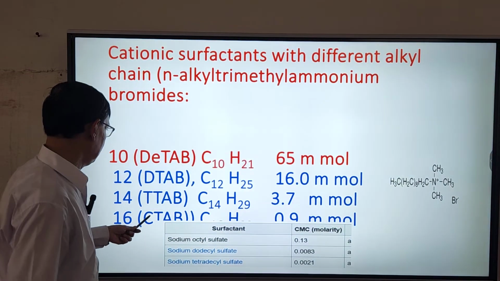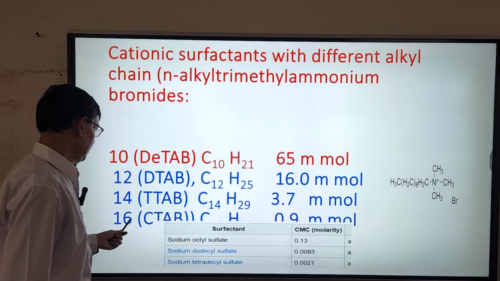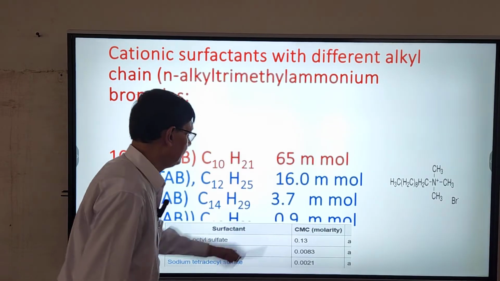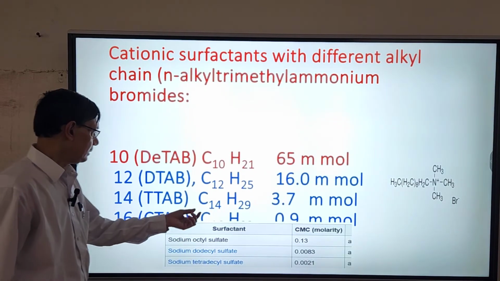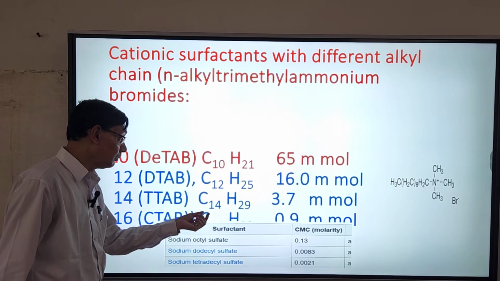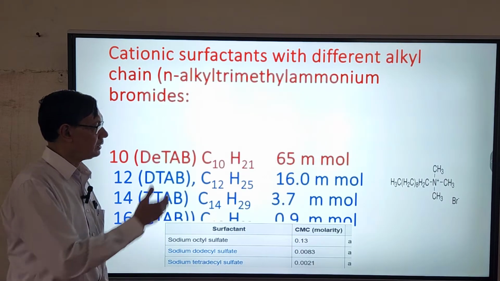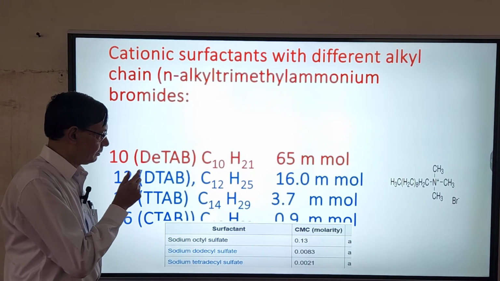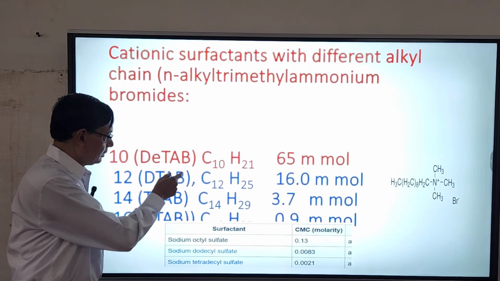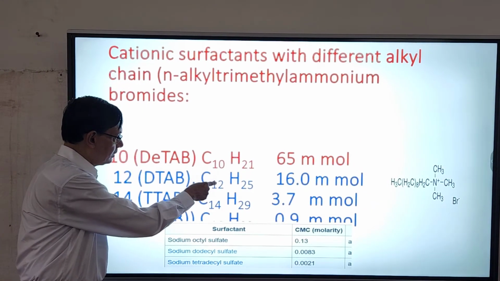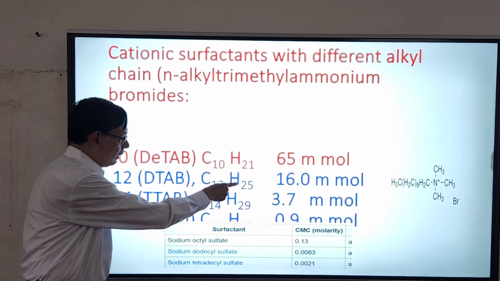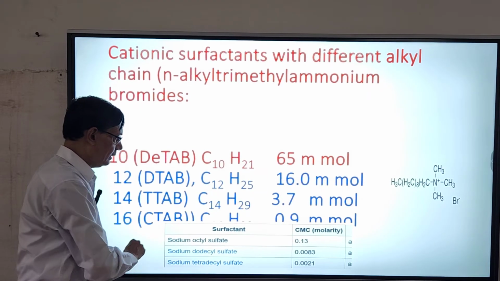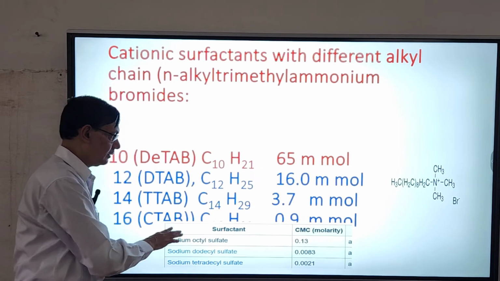First is CTA again, which is common, that is 0.9. If you look very carefully, there must be some correlation, because you know that C10, then C12, C14, C16.